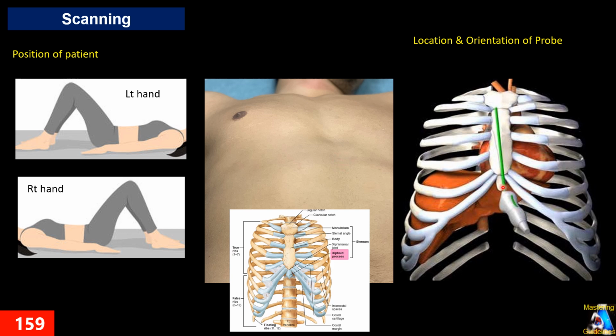Here you can see the xiphoid process. We have the costal margin here. You can feel the costal margin with the tip of your finger. If you go to the end, it will be your xiphoid process.